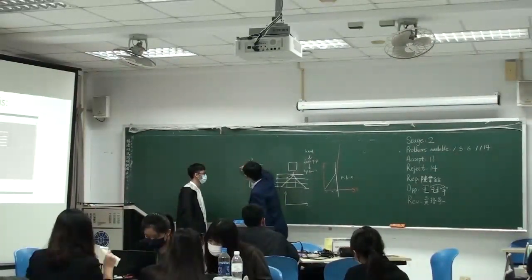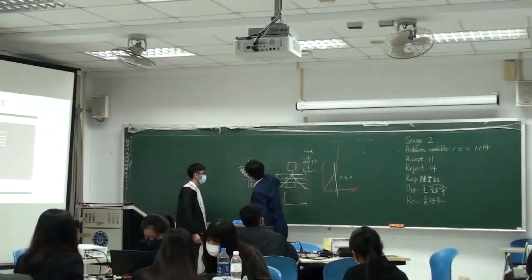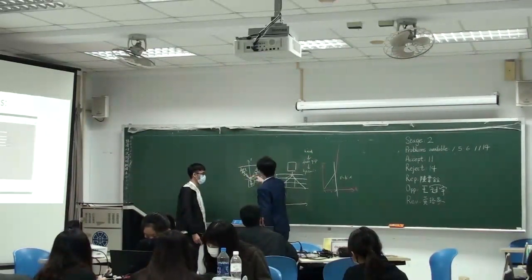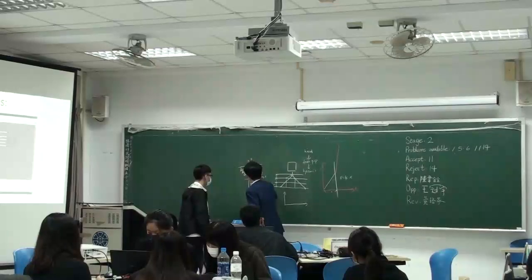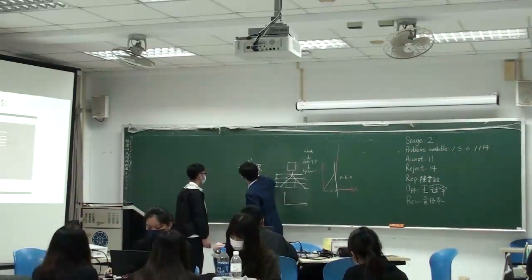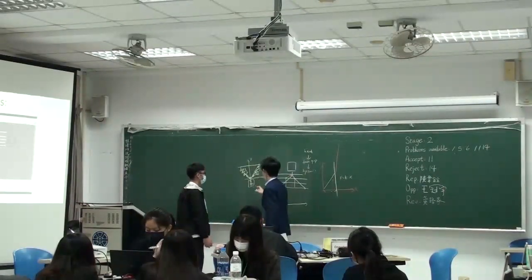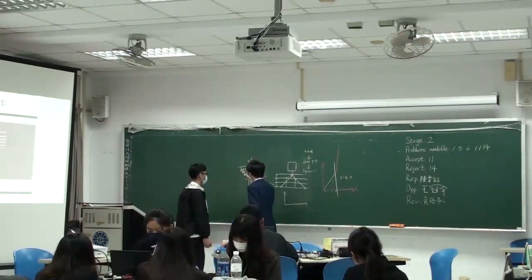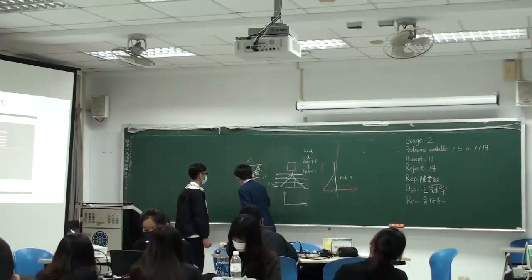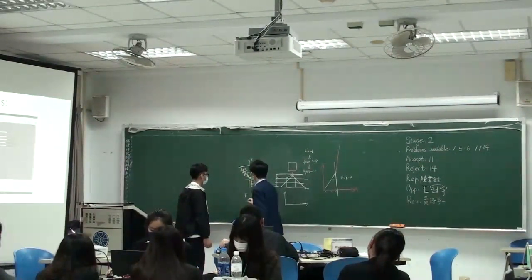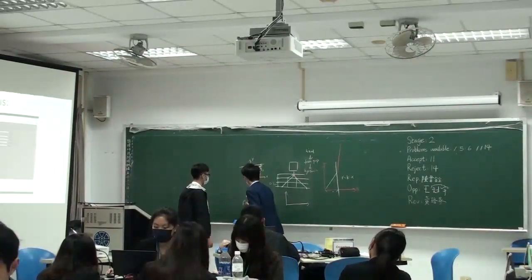So we can find the length of this one and the length of this one, and we can see that there's a force of the spring. So we have the equation F equals ma, and F is your force sensor.